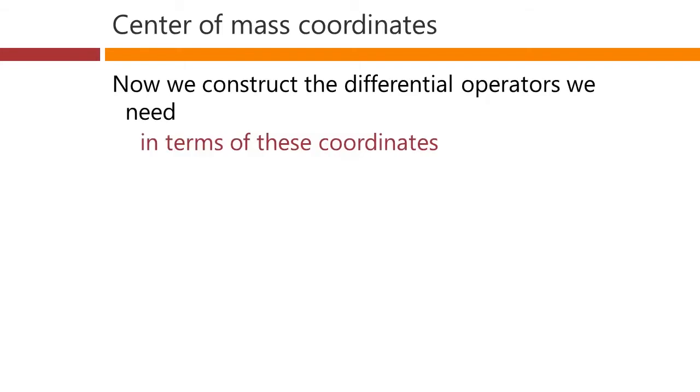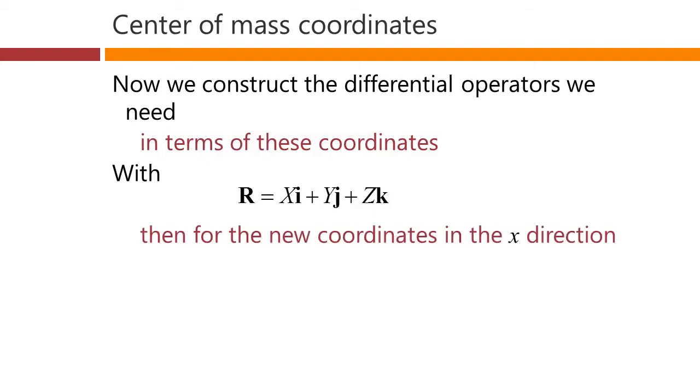Now we're going to construct the differential operators we need, and we're going to construct them in terms of these coordinates that we've now chosen. So we've got capital R, which we call capital X times the unit vector in the x direction, plus capital Y times the unit vector in the y direction, plus capital Z times the unit vector in the z direction. And our new coordinates then in the x direction are this capital X, which is now just the x component of that vector, now explicitly written out.